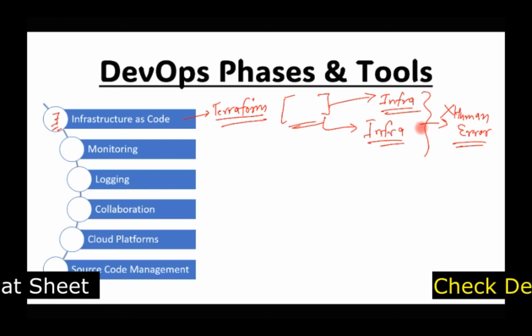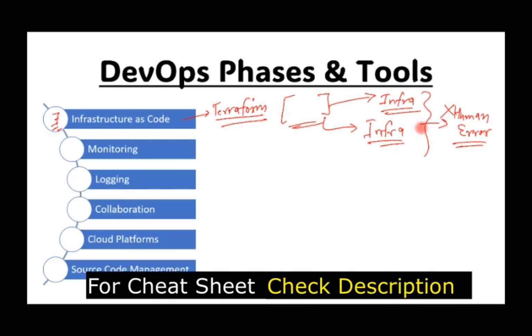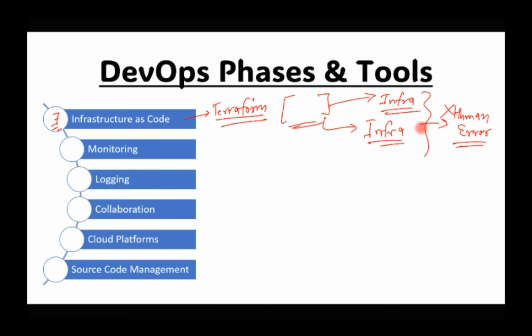We can use it for managing and provisioning infrastructure, version control, and infrastructure code. In real time, we can provision any resources in any cloud platform through this particular tool. Terraform defines infrastructure resources; for example, we can create servers, networks, and databases.